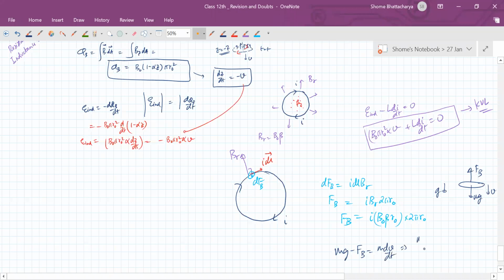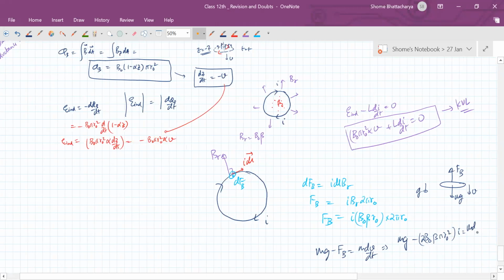So when you substitute this, it is mg minus, again that kind of term, B naught beta pi r naught square 2 into I is equal to m dv by dt.